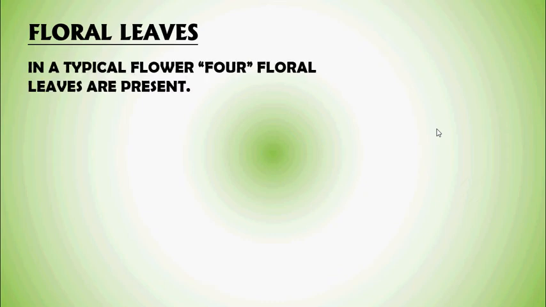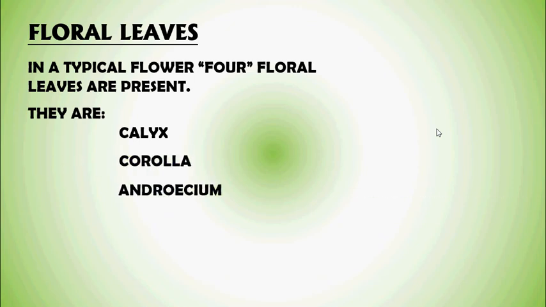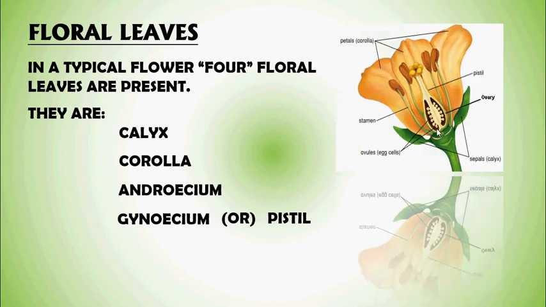In a typical flower, 4 floral leaves are present. They are calyx, corolla, androecium, gynoecium or pistil. All these 4 parts we can observe in this photograph.